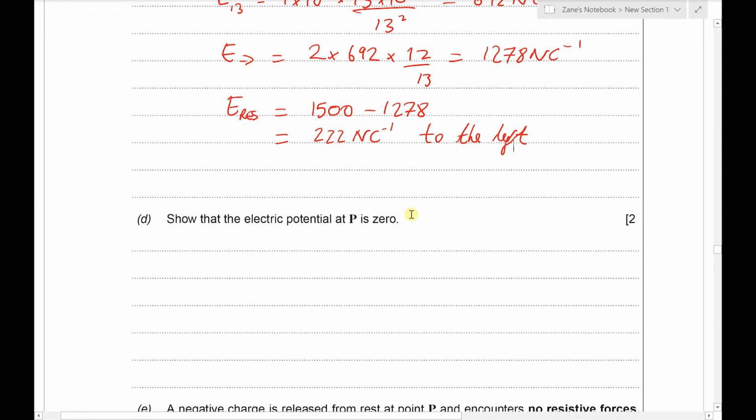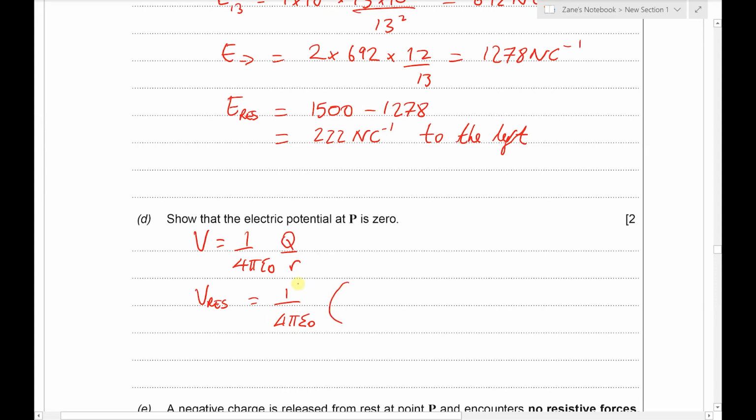Next we've got to show that the electric potential at P is 0. Well, our formula for electric potential is 1 over 4 pi epsilon naught Q over R, not R squared. So the total potential here, let's call it V res if you like, would be 1 over 4 pi epsilon naught. Again, we could use 9 times 10 to the 9 if we like.